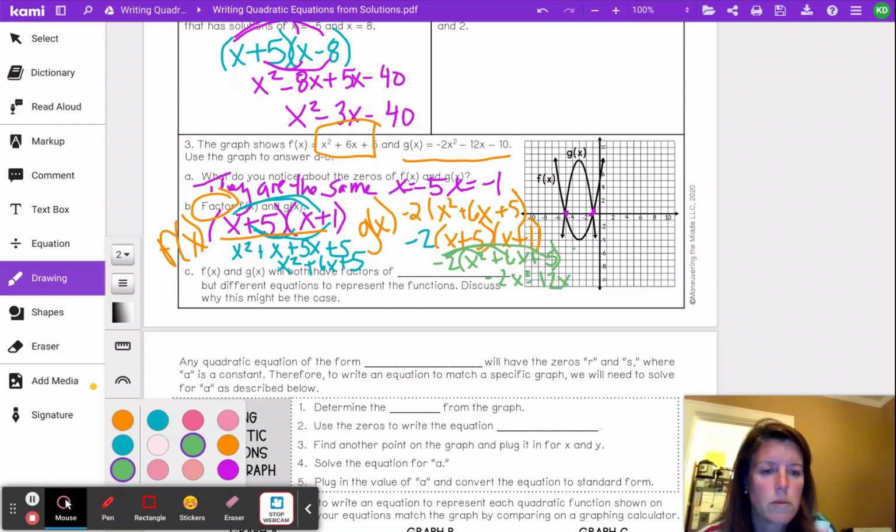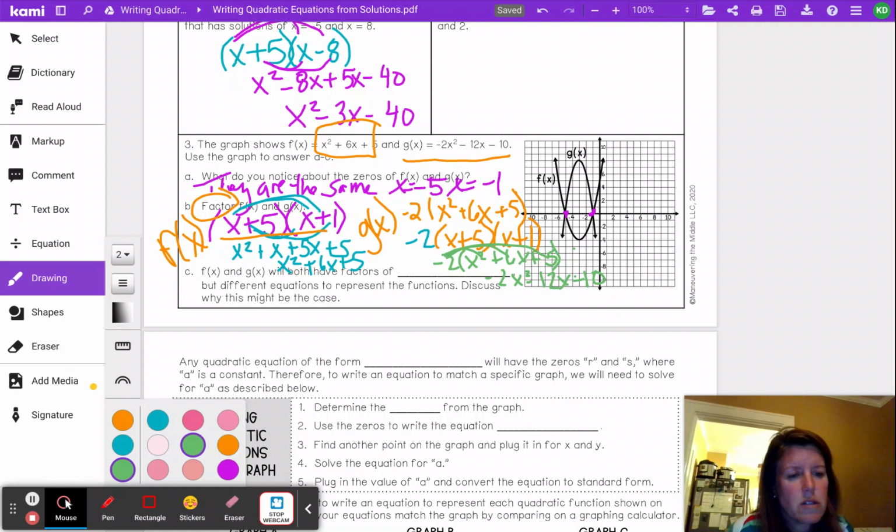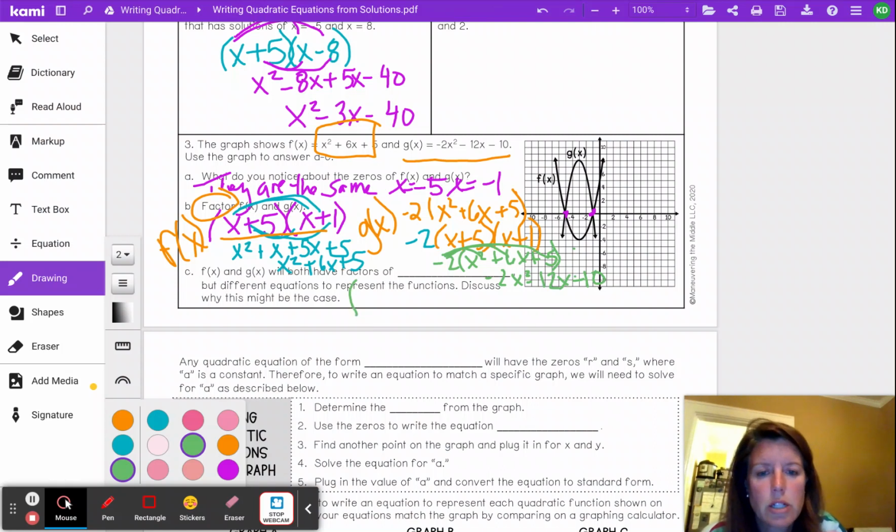Then -2 times 5 is -10. So that gets us back to our original one. Okay, so that's why we need to see if there is a greatest common factor that we can pull out. And this will both have factors of x plus 5 and x plus 1.